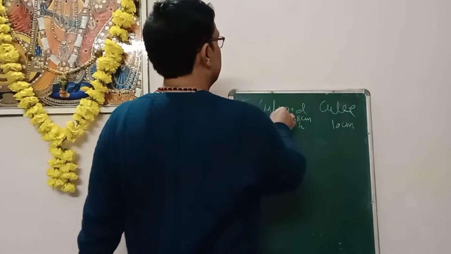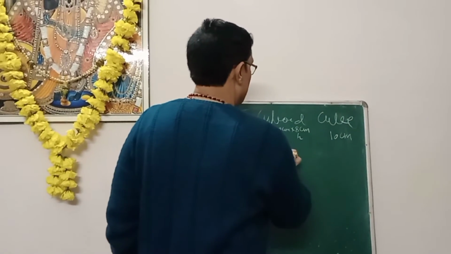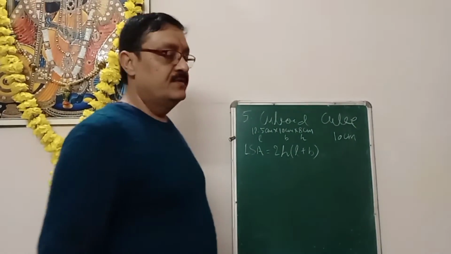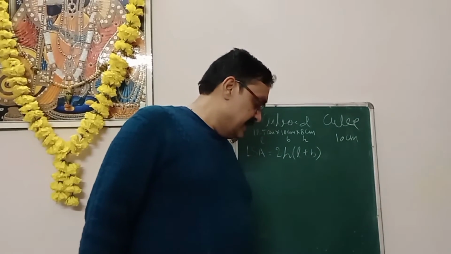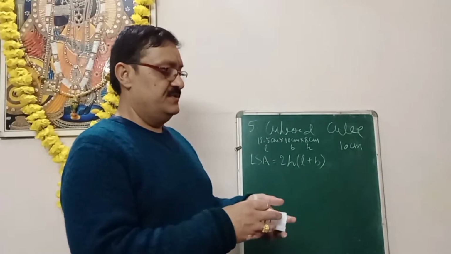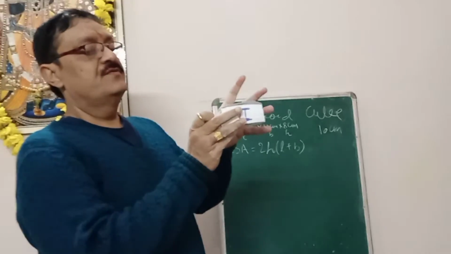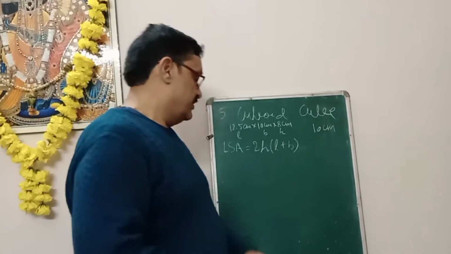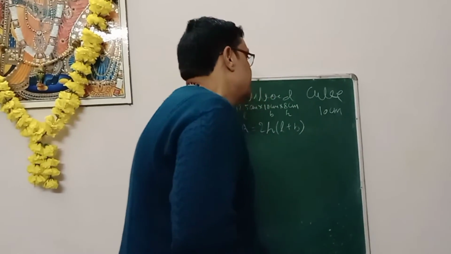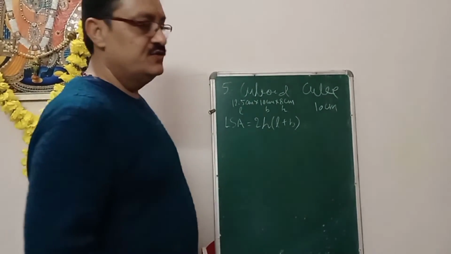In case of this cuboid, LSA is 2H(L plus B), which is front and rear, side 2. So in case of cuboid, this is the LSA. In case of cube, what is LSA?